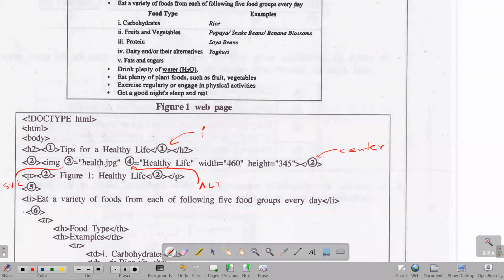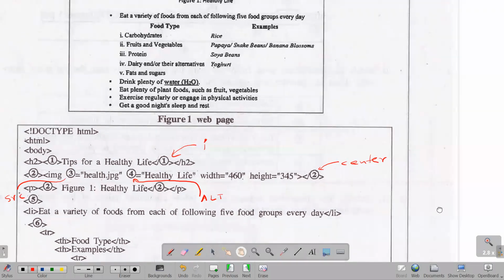All right, and the fifth, what is there?